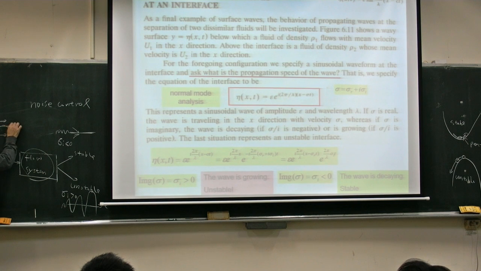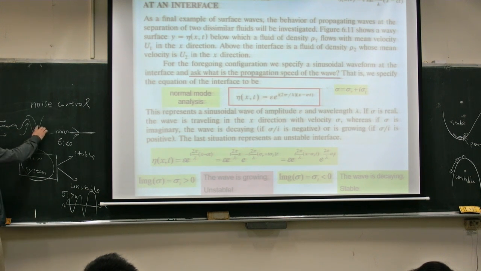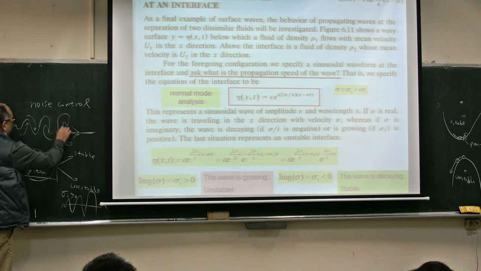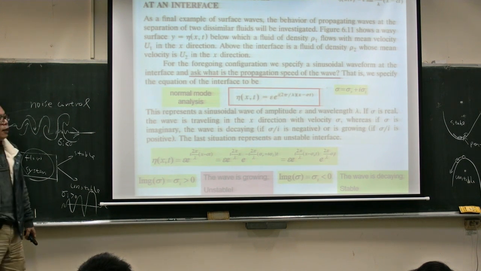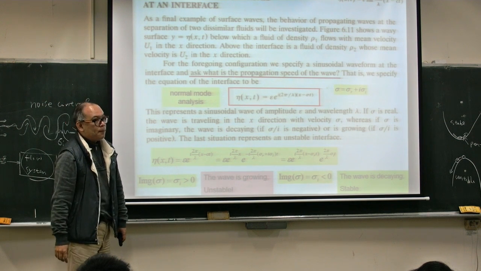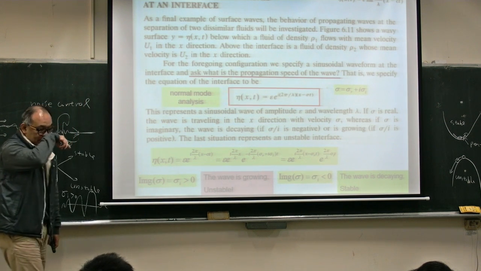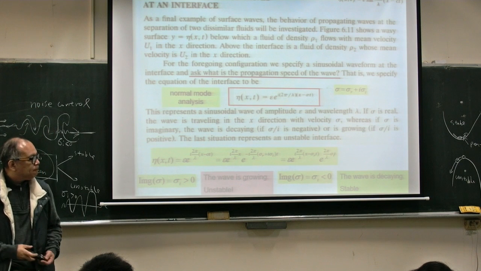This interface starts to curl up, and then chemical B and chemical A start to interact and generate more interface. Eventually it becomes so large that it merges together, bringing a lot of interaction area due to the unstable flow system.